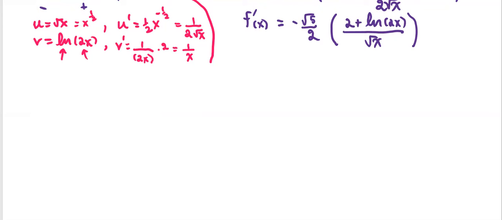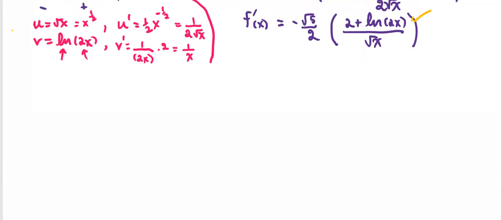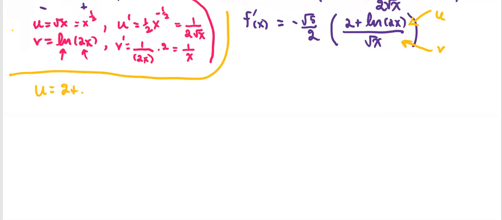I see this as the fraction form. I'm gonna make the top as a u, the bottom as a v. So the u is 2 plus the natural log of 2x, and the v is square root x. The u prime: the derivative of the 2 is 0, and for the derivative of log 2x, we just borrow what we found in the earlier part.